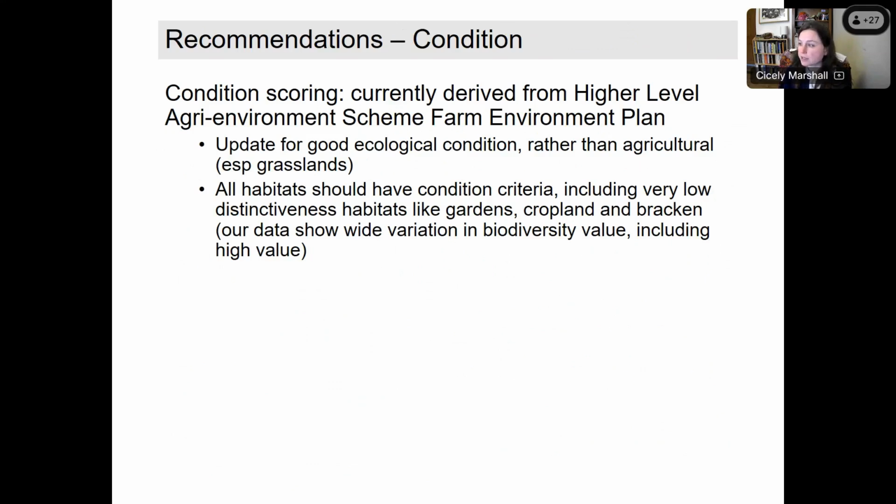So cropland, for example: our cropland samples from the Rothamsted Broadbalk experiment, where wheat's been grown without the application of herbicides since 1968, are the only samples from any habitat that have more than one red-listed plant species. That is admittedly a very unusual way of growing wheat in this country, but it does at least show what a high variation in biodiversity value there is within that habitat type.